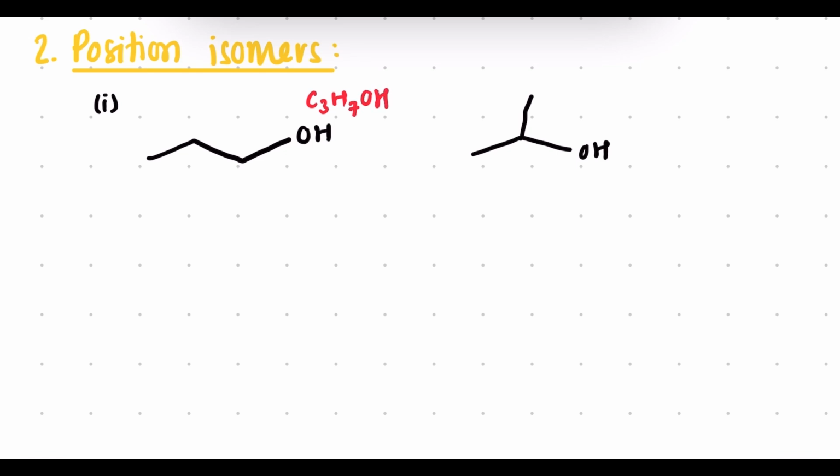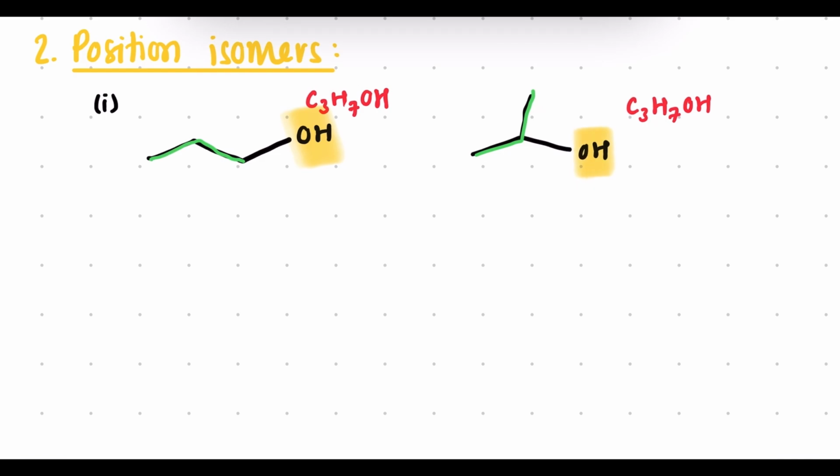And same thing here, this is C3H7OH. Now, if you take a look, the structures are varying, even though the molecular formula is the same. However, here, the parent chains are the same. They're all 3-membered carbon chains. And so the difference here is the position of this OH group.